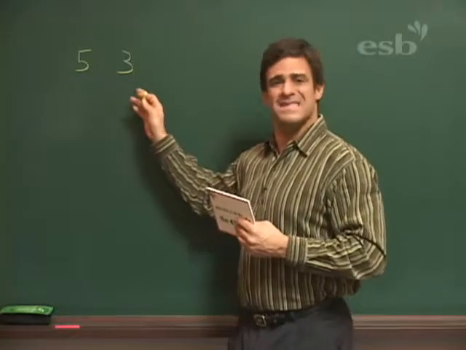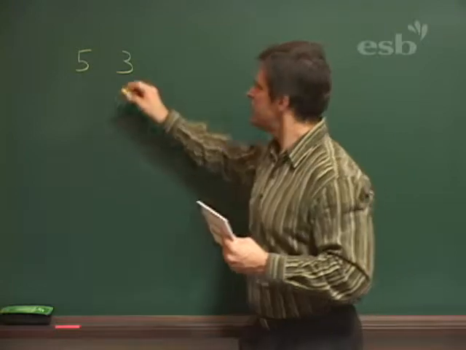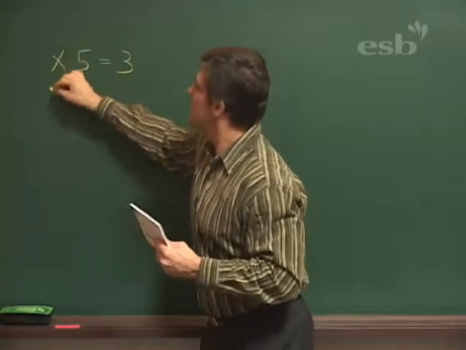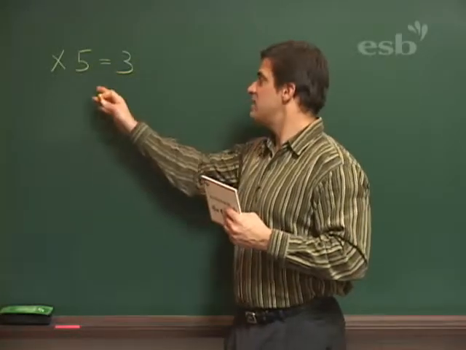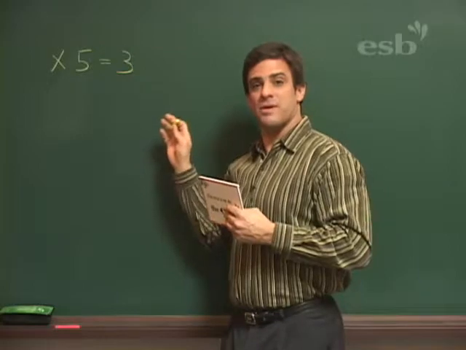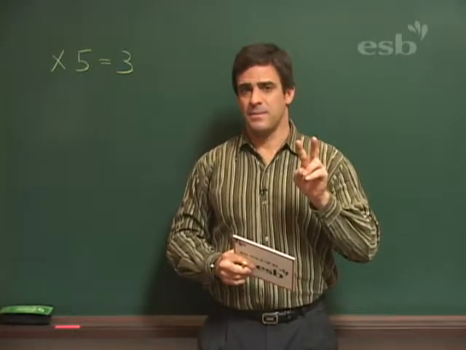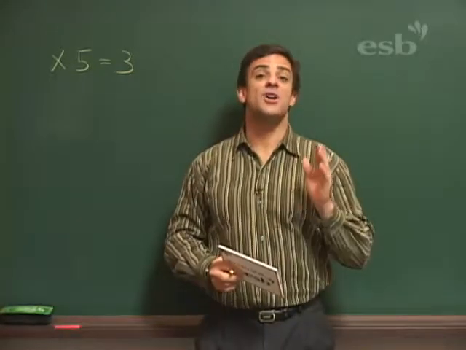Is 5 the same as 3? No, it's not the same. 5 is not the same as 3. 5 does not equal 3. If two things are not the same, what are they? That's right. They are different.